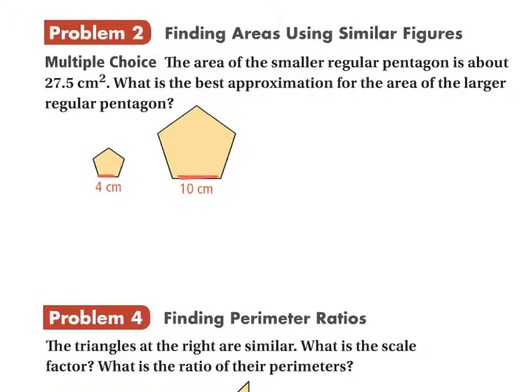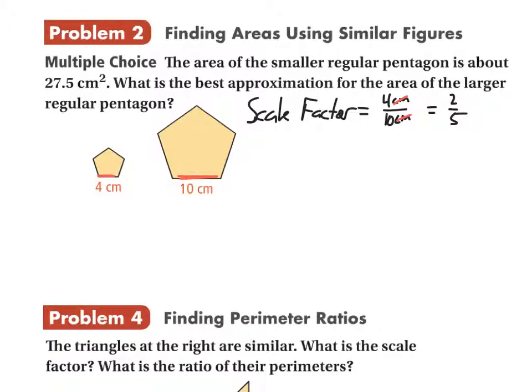Therefore, our scale factor equals what? Right, 4 centimeters over 10 centimeters can be reduced down to 2/5. Okay? So that's my scale factor, my ratio of corresponding side lengths.